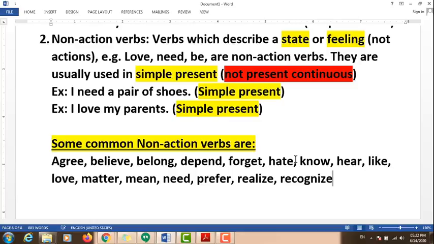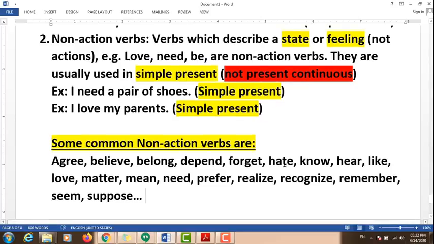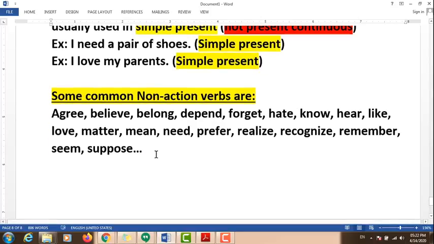I didn't recognize you, I can't recognize him. Remember, see, suppose. So we have many more as well, okay? So these are all used in present simple. Why? Because they're non-action verbs.